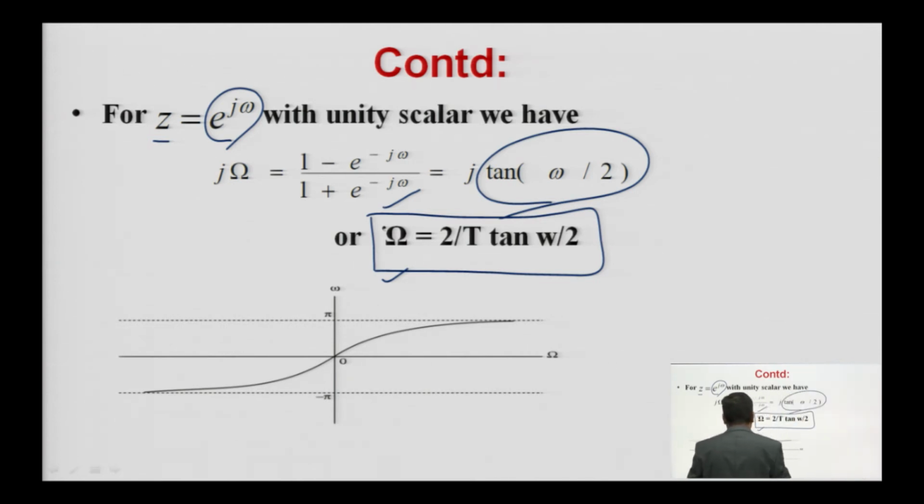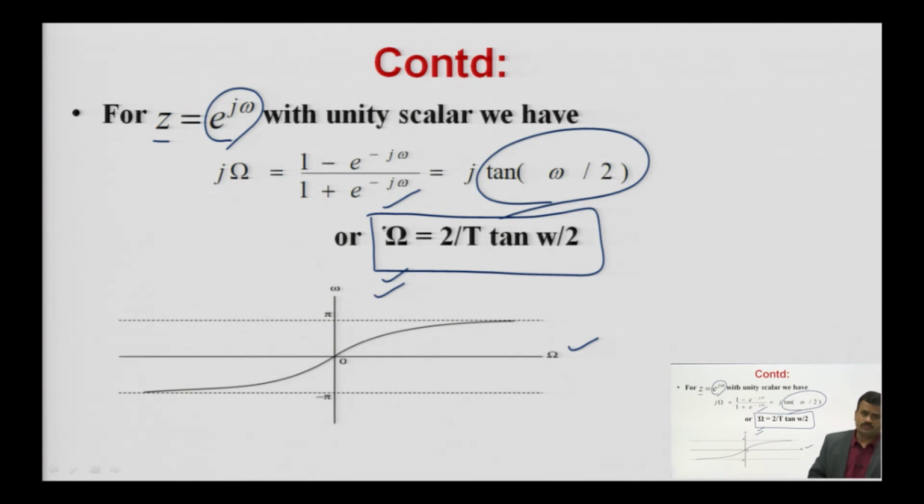And this is the graph. By this graph you can also understand the relation between these two frequencies, because in a filter the most important thing is your frequency, and you are transforming the analog resonant frequency, cutoff frequency, and pass band frequency of the filter into the digital frequencies respectively.